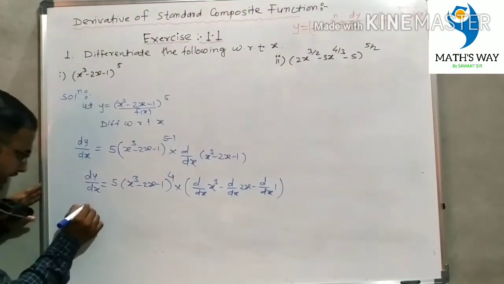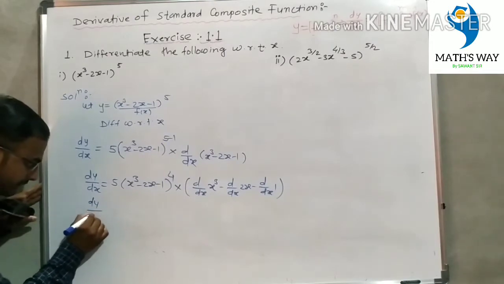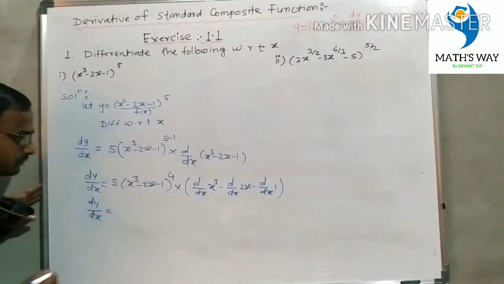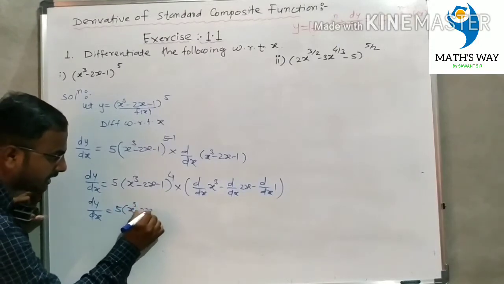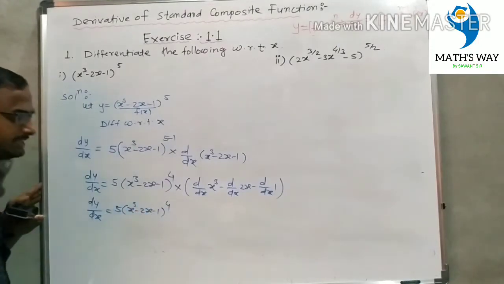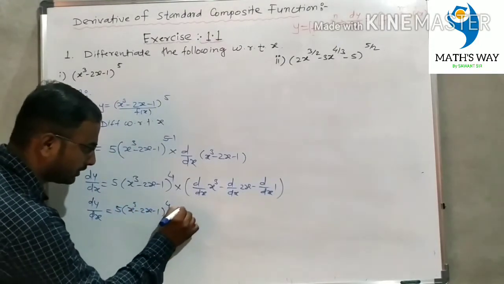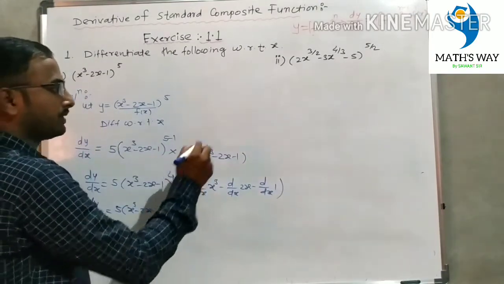So dy by dx is equal to 5 into (x cube minus 2x minus 1) to the power 4, as it is, into the derivative of x cube.